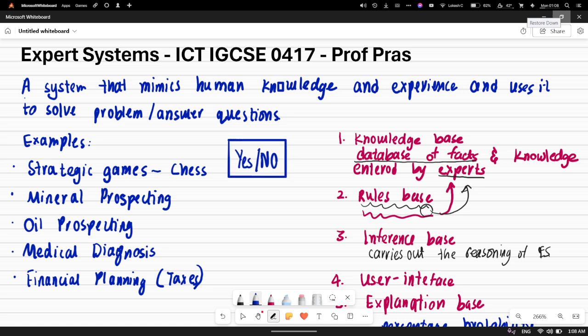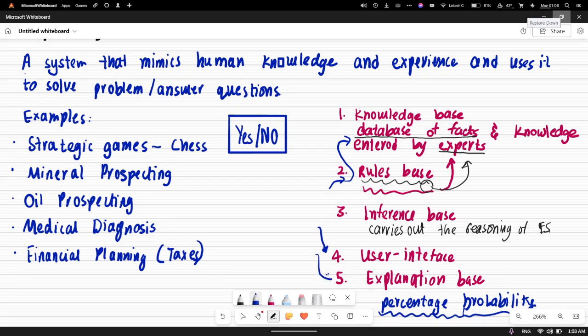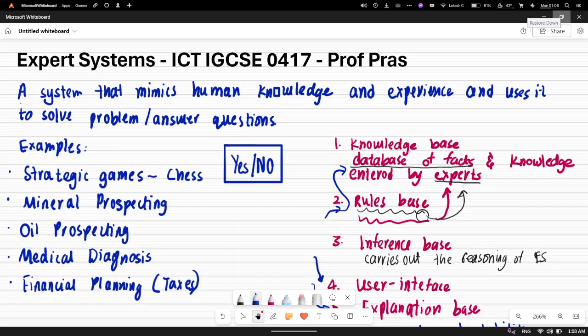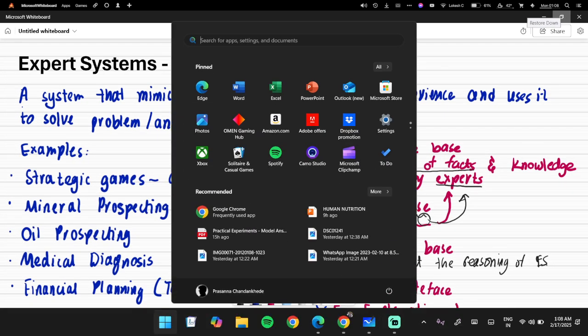The inference engine applies the rules in the rules base to the knowledge base, and possibilities and the way they can be achieved are displayed by the user interface, and an explanation is given using the explanation base. That's all. This is everything you need to know for expert systems.